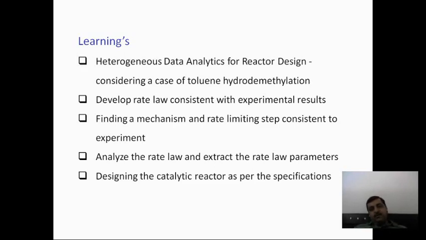We applied this with the given conditions and specifications in a problem to design a packed bed, and came out with the profiles of conversion with the weight of catalyst. Also the partial pressures change with the weight of catalyst. So that ends what we were doing in this video lecture.